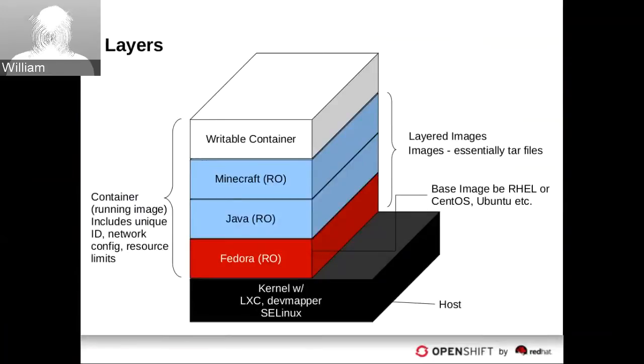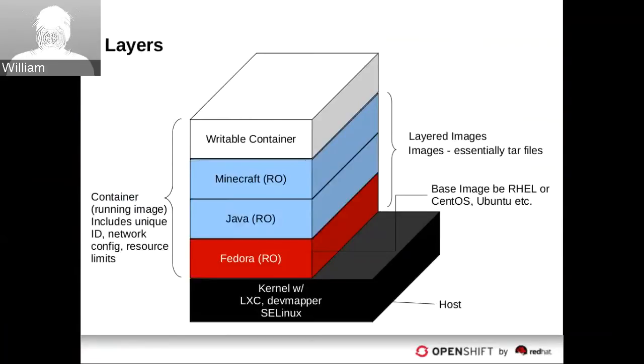So on your host, you could install a Fedora image. And then you may decide that you want to install Java into that particular image. And then you might want to install Minecraft into that. So now you've got your Java for your Minecraft. Everything you install generally goes into a layer for the most part.